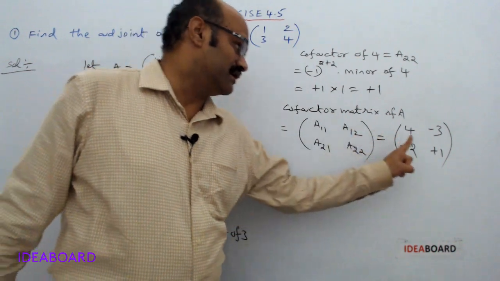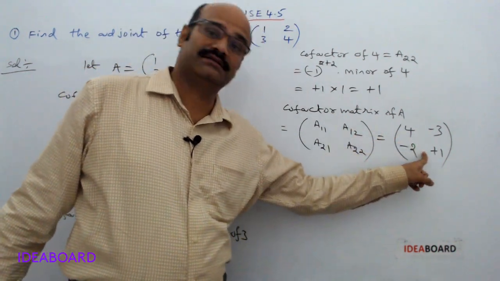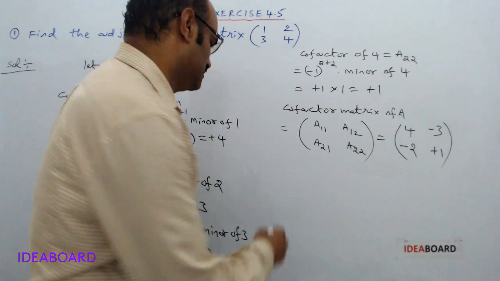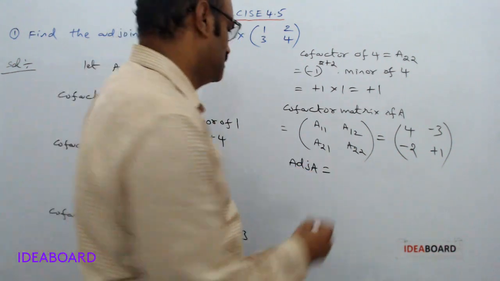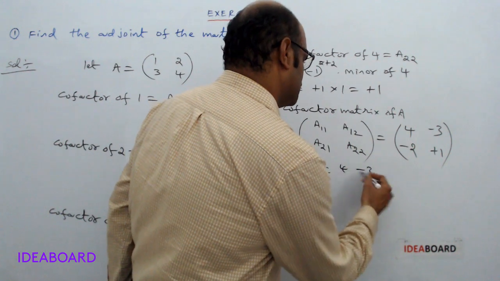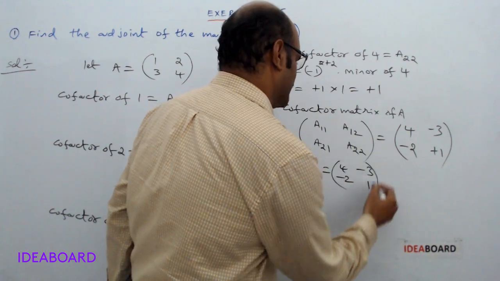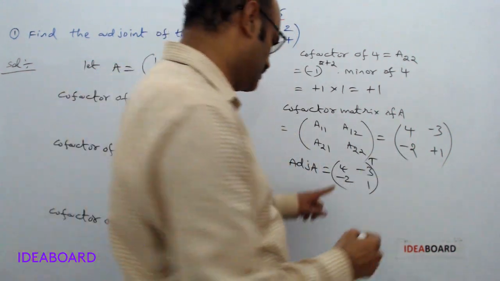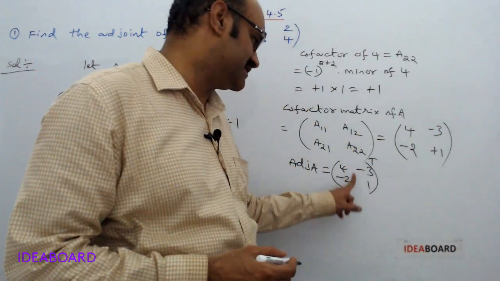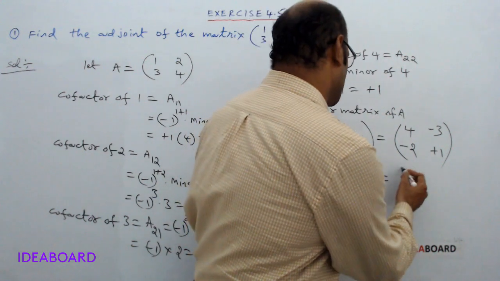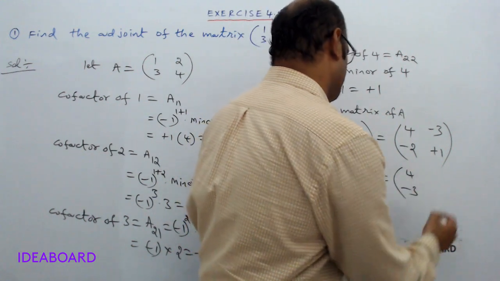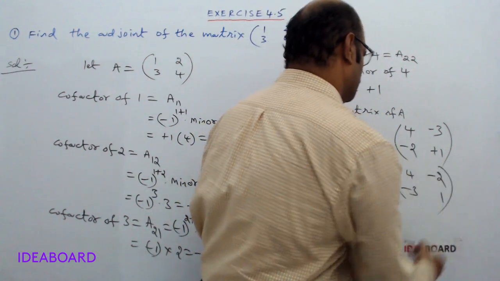Now the transpose of this matrix is the adjoint of A. Therefore, adjoint of A equals the transpose of 4, minus 3, minus 2, 1. The transpose is obtained by interchanging rows into columns. First row becomes first column: 4, minus 3, minus 2, 1.